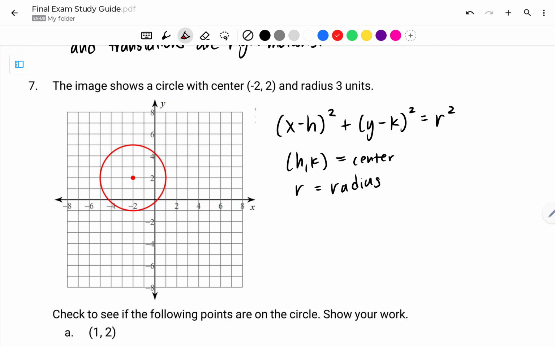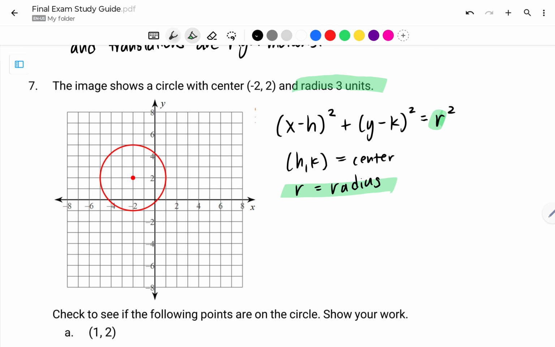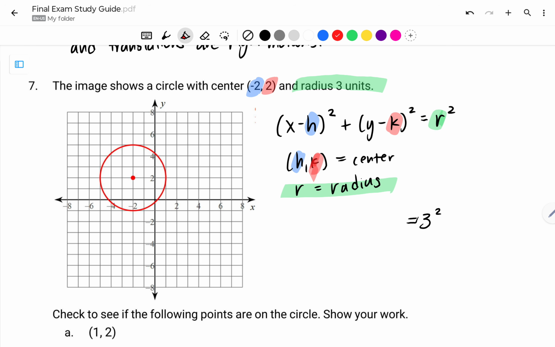I'm given that piece of information here. I know the radius is 3, so I'm going to plug in 3 here. And I know the center is (-2, 2). -2 I'm going to plug in here because that's my h coordinate, and then 2 I'm going to plug in here because that's my k coordinate.